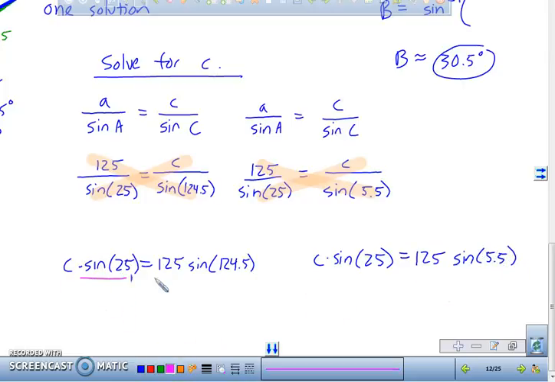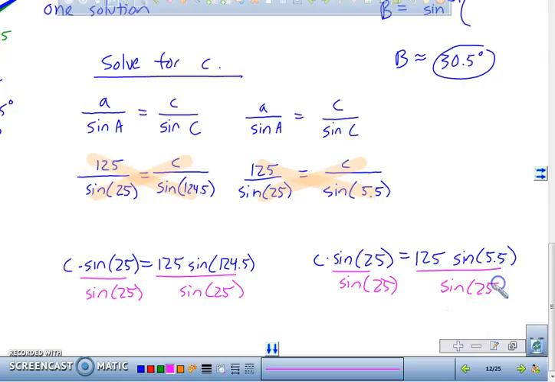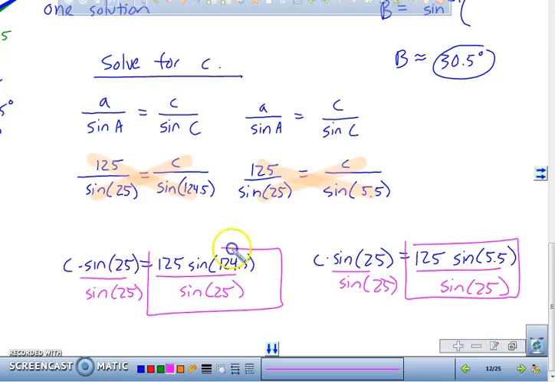The last step is just to divide both sides by the sine of 25. So in the calculator, if you do this, you will get the correct answer. This right here is one distance. This right here is the other distance. You have to use the calculator, type it in, and those will give you the 2 approximate values for C.